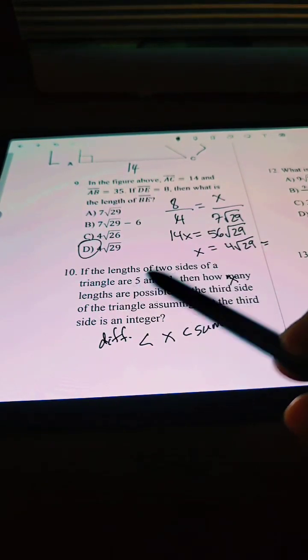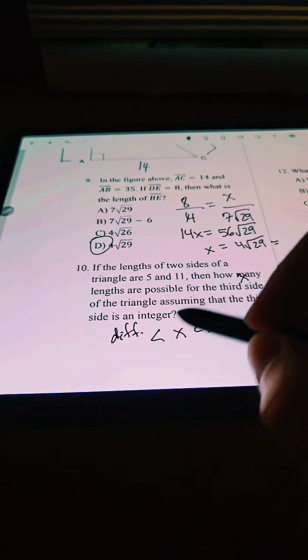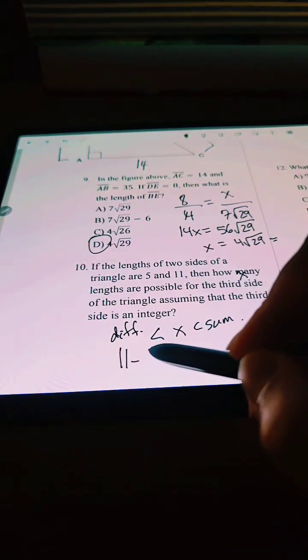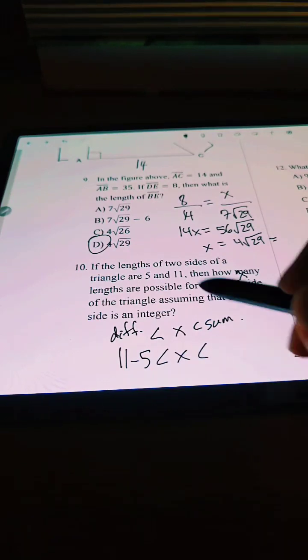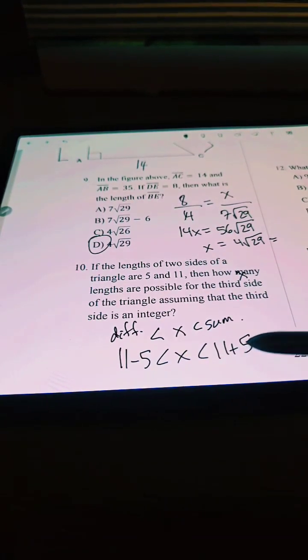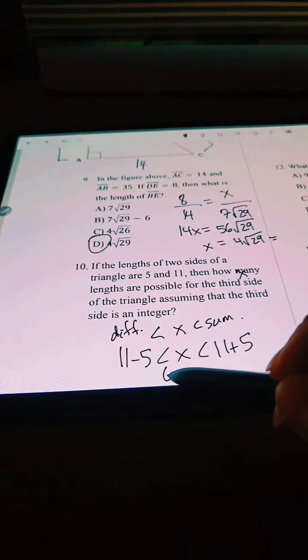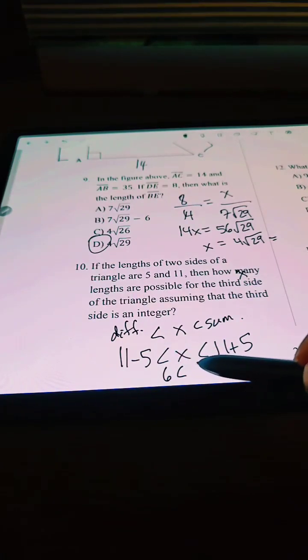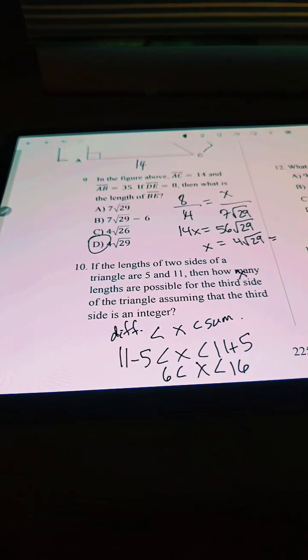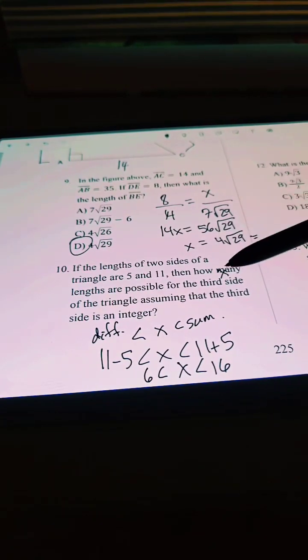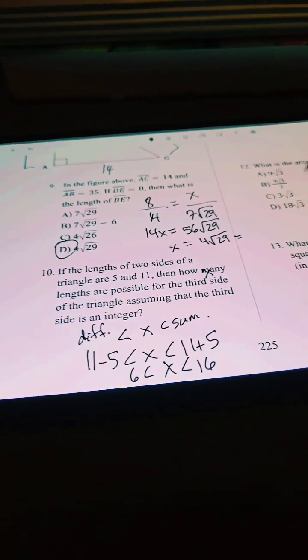So if two of the side lengths are 5 and 11, the difference would be 11 minus 5, and the sum would be 11 plus 5. So that third side length has to be between 6 and 16. And it's asking how many side lengths are possible for the third side length.